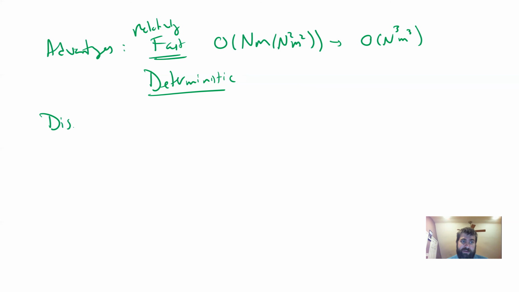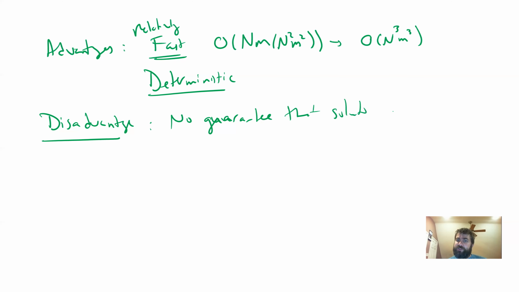There's one fairly strong disadvantage here. There's no guarantee that the solution is indeed the global minimum.